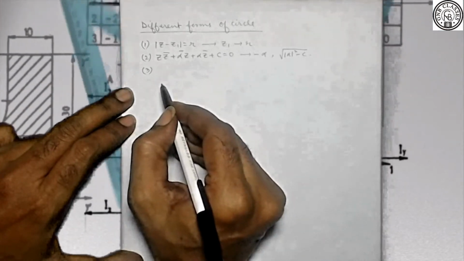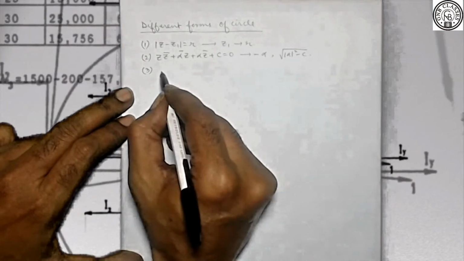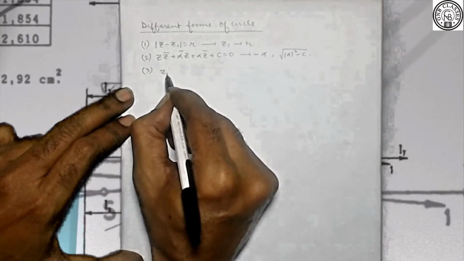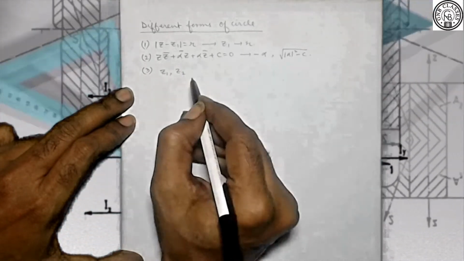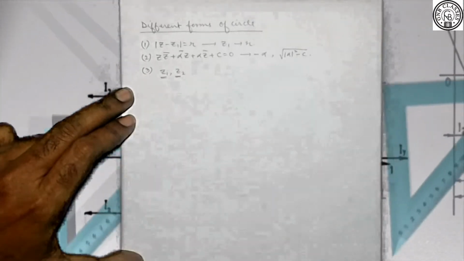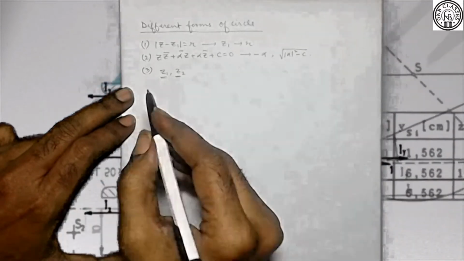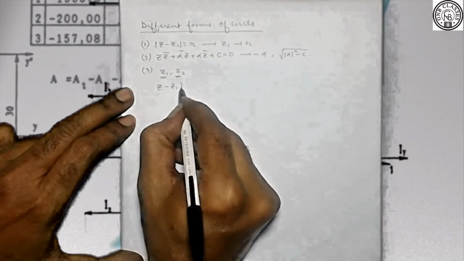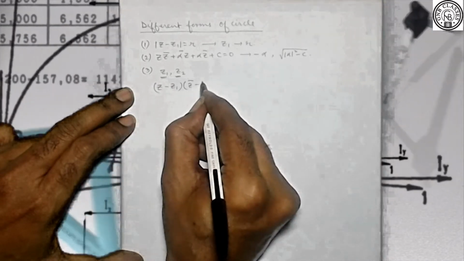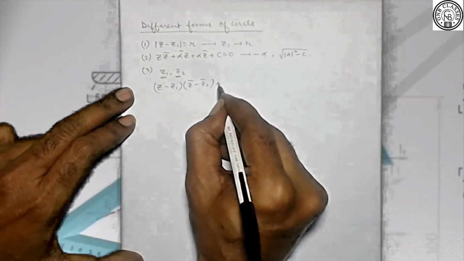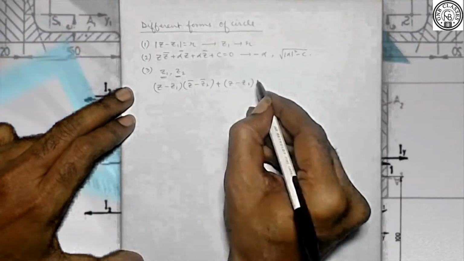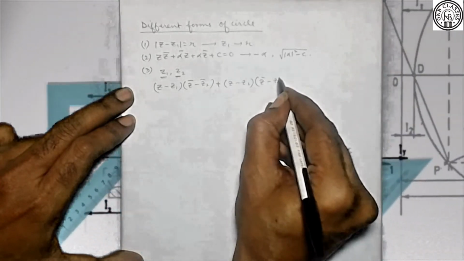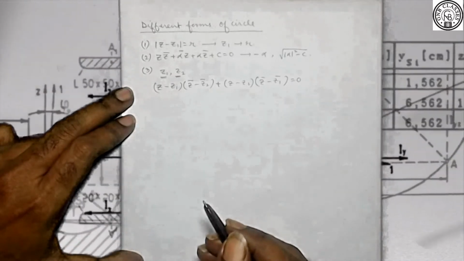The third one, which is called the diametric form, that also we have learned. That is, if we know the extremities of the diameter of any circle, let us say z1 and z2, then the equation of that circle will be z minus z1 times z bar minus z2 bar plus z minus z2 times z bar minus z1 bar equals 0, correct?